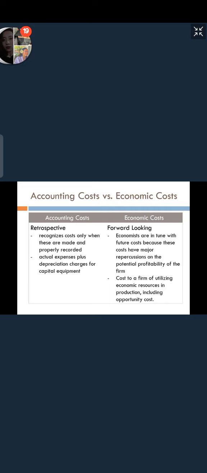Opportunity cost. Loss of potential gain. What else? Potential gain loss, binaligtad. Okay lang yan. So I will explain it further.